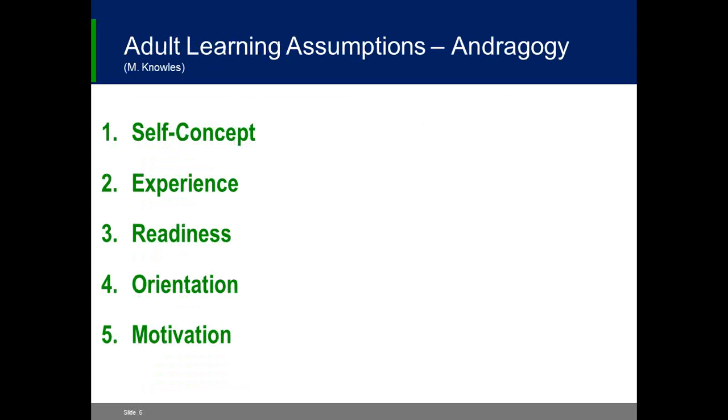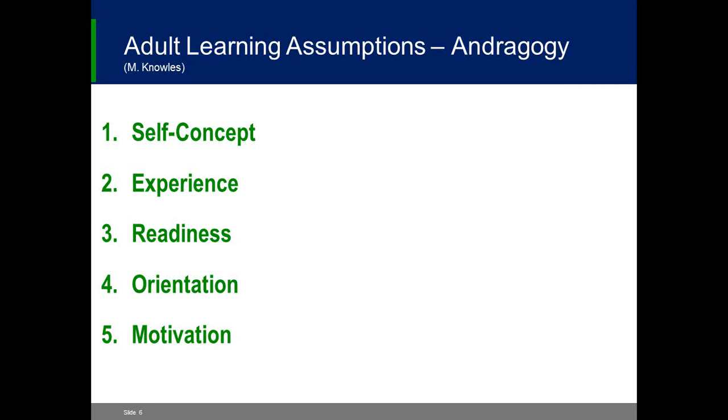Okay, some basic adult learning assumptions and theory. We're going to start off with a bit of theory as a backbone, and depending on who you have to sell this to in the organization, some of this learning theory can really be a good backbone and help you state your case.